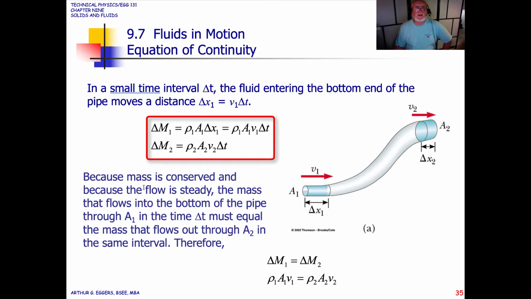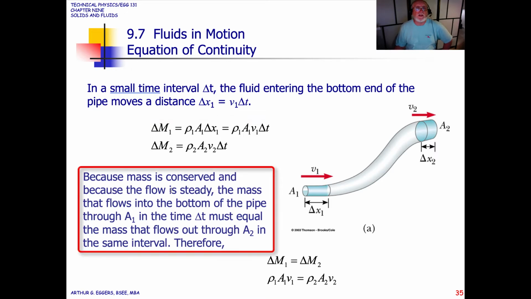Because mass is conserved and because the flow is steady, the mass that flows into the bottom of the pipe through A1 in time delta t must equal the mass that flows out through A2, the cross-sectional area, in the same interval.